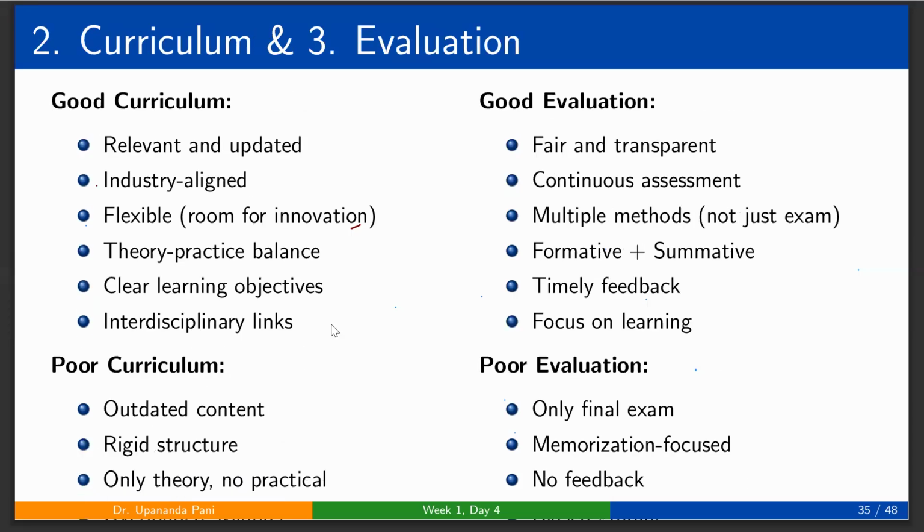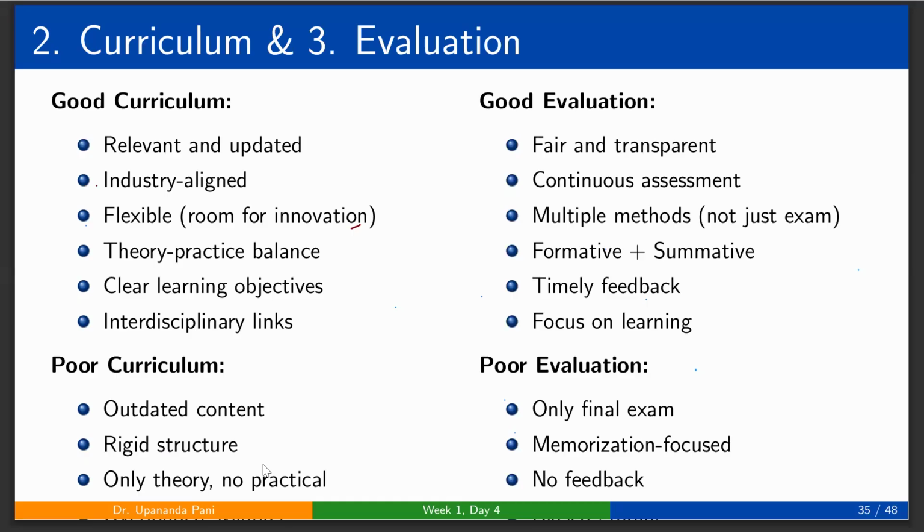Now, curriculum and evaluation. If you have a good curriculum, it is relevant and updated. It should be aligned with the industry. It should be flexible. It should have a theory-practice balance. It should have clear learning objectives. It should have interdisciplinary links. Poor curriculum: outdated content, rigid structure, only theory and no practical.